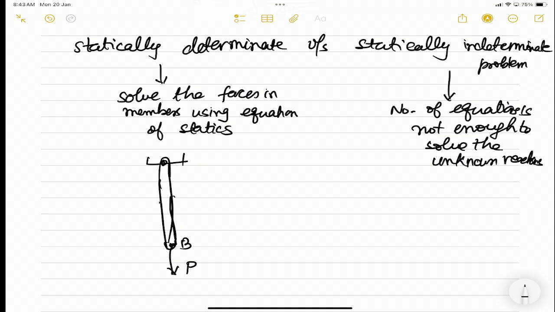For example, if I look at this, a simple rod being supported on the wall with a pin.